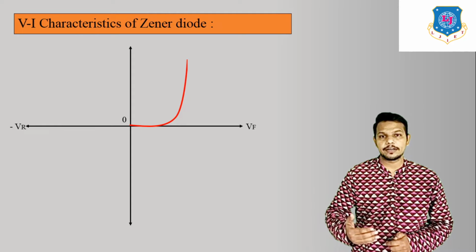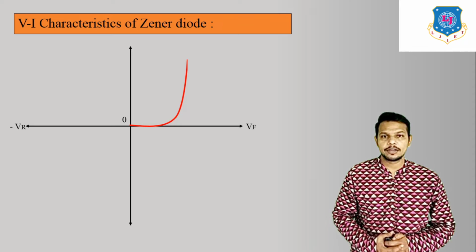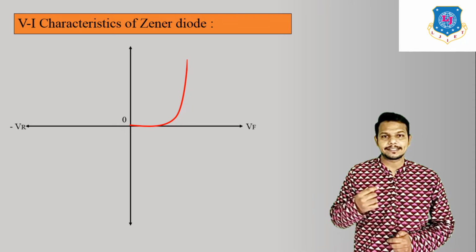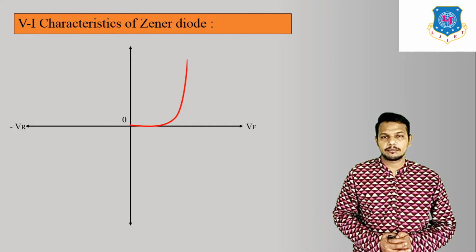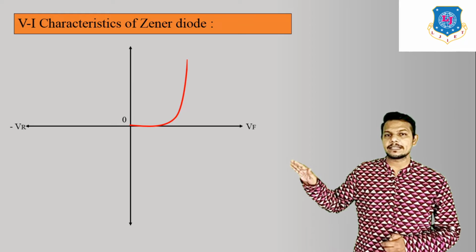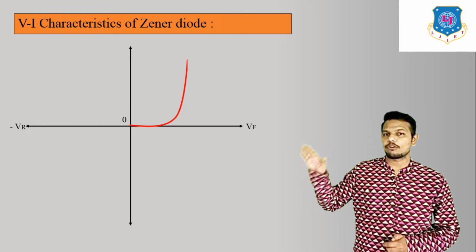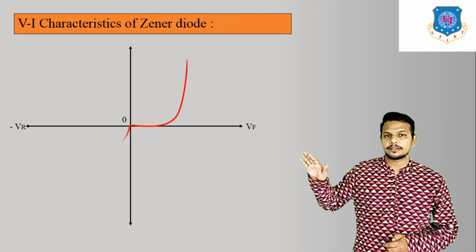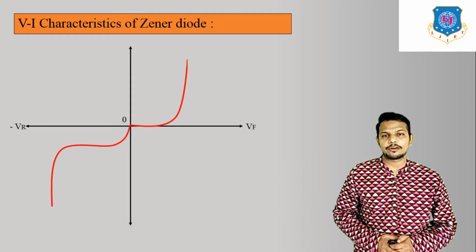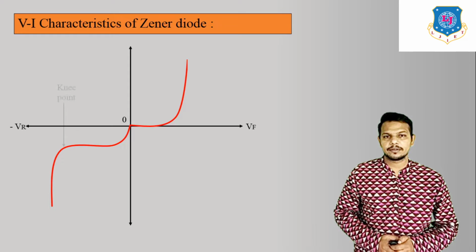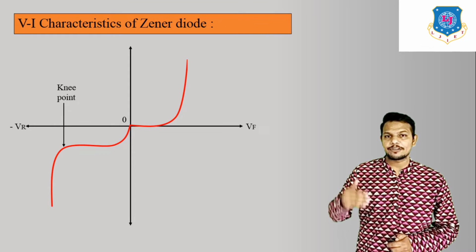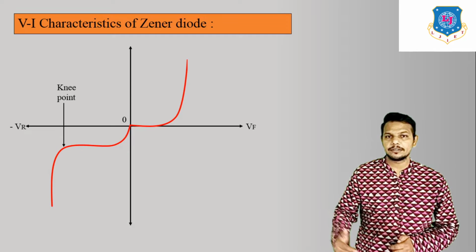As we discussed earlier for the PN junction diode, if you increase the voltage, the current gradually increases, but after 0.7 volts it rises sharply. This is the VI characteristics for forward bias. Next, this is the VI characteristics for reverse bias. This is the knee point where the graph bends.